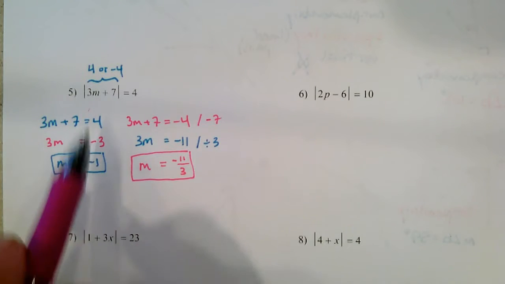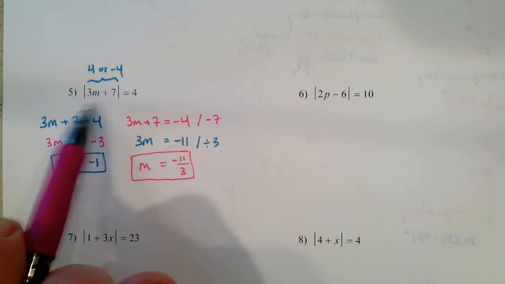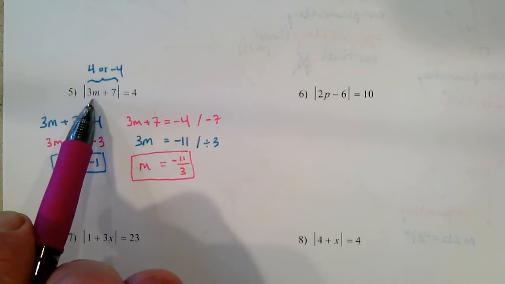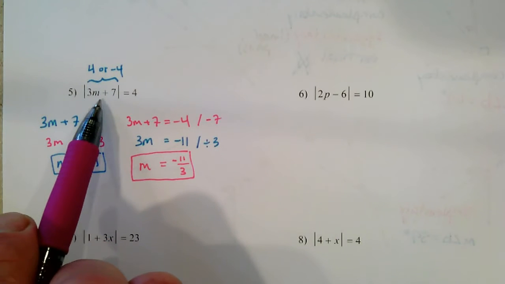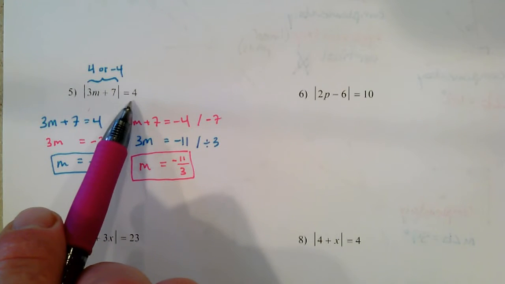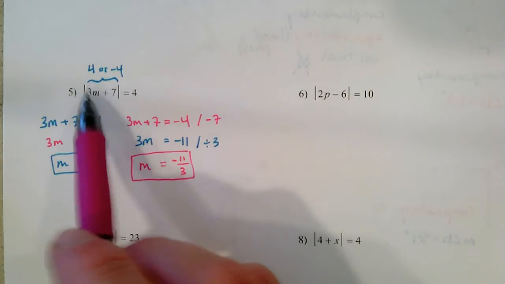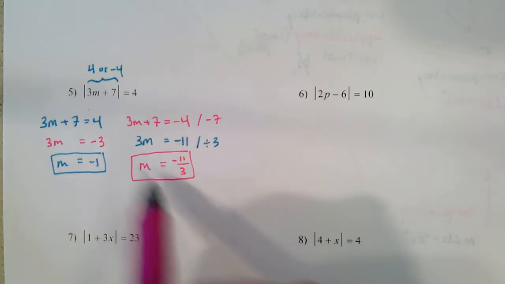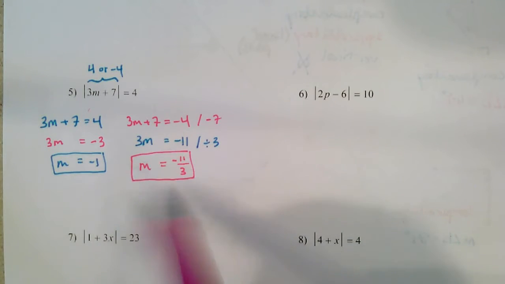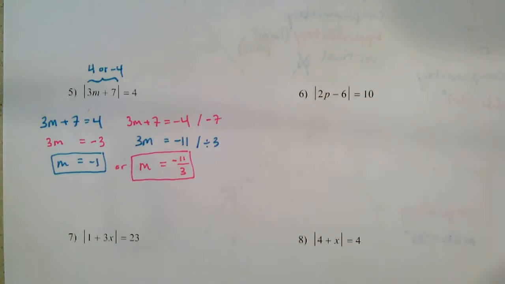Or if I substitute negative 1, 3 times negative 1 plus 7, we can actually do this one pretty easily. 3 times negative 1 is negative 3, plus 7 is positive 4, and the absolute value of positive 4 is 4. So either way, we end up with a number inside the absolute value brackets, either positive or negative 4, depending on which one of these two answers we pick. So either of these could be true.